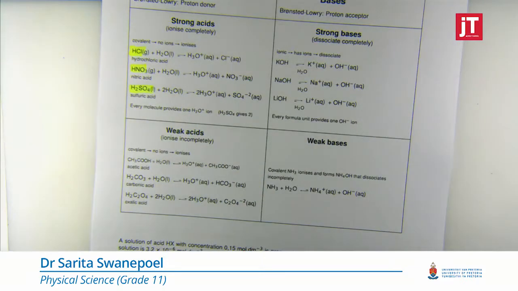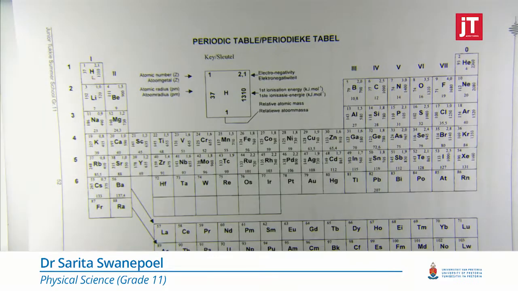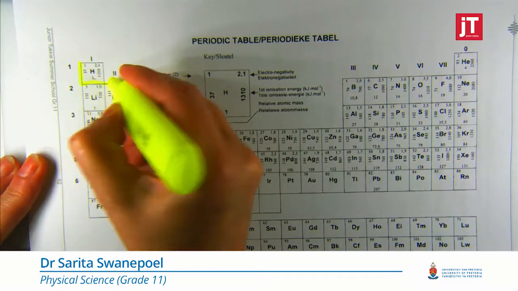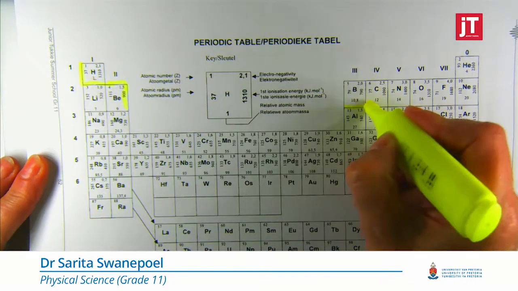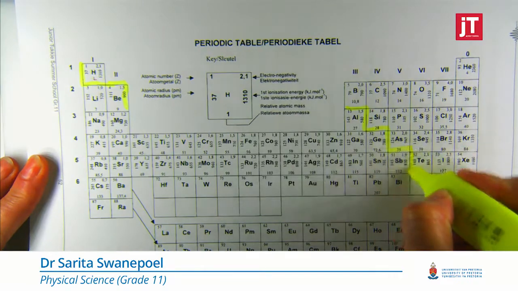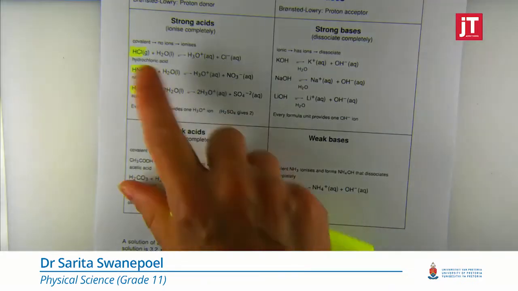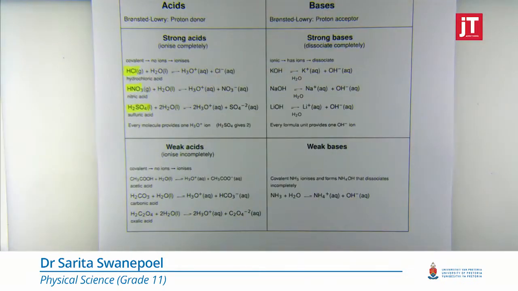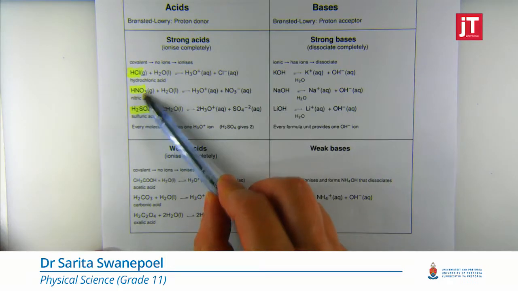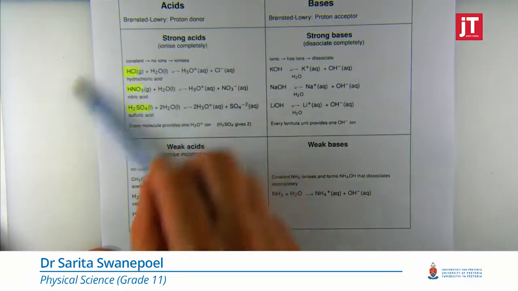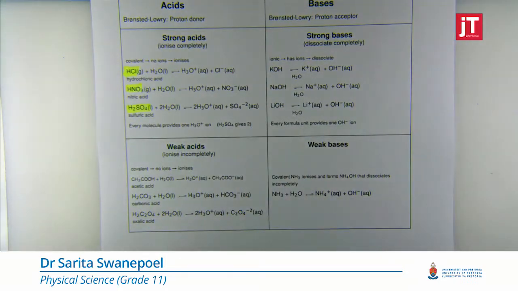Do you remember your periodic table, or do you have it next to you, right? You have to remember metals and non-metals, right? So if you look at all of them, you will see hydrogen, chloride, nitrogen, oxygen, sulfur, all of them being non-metals, right?